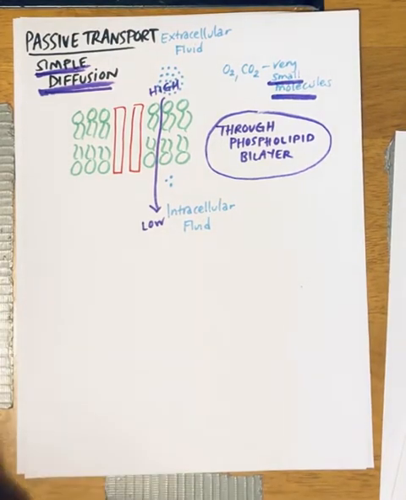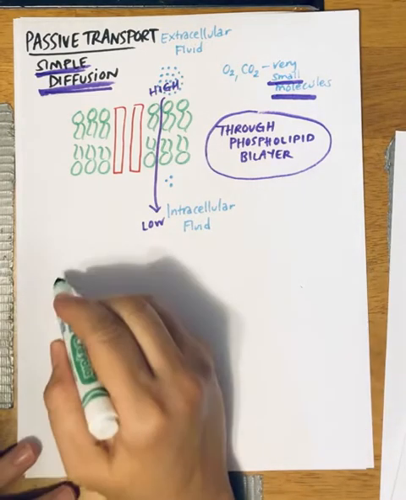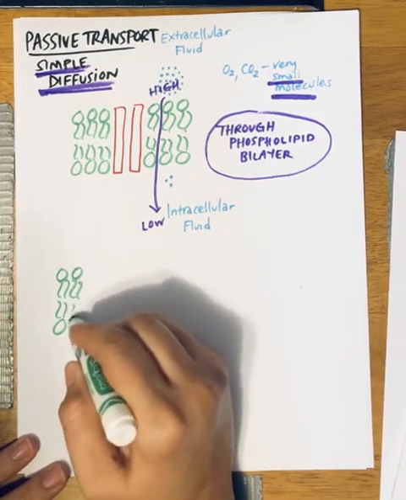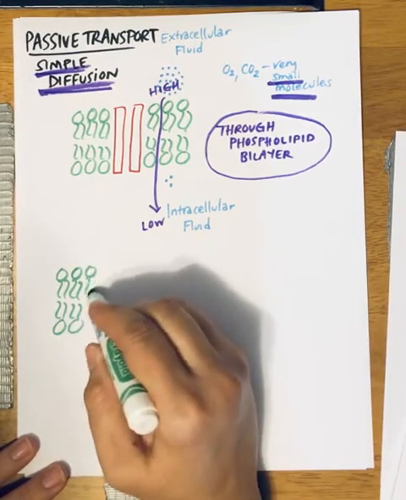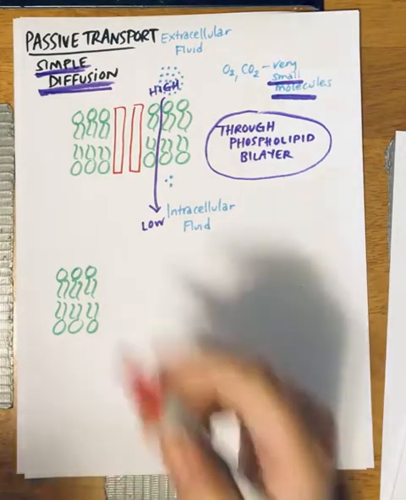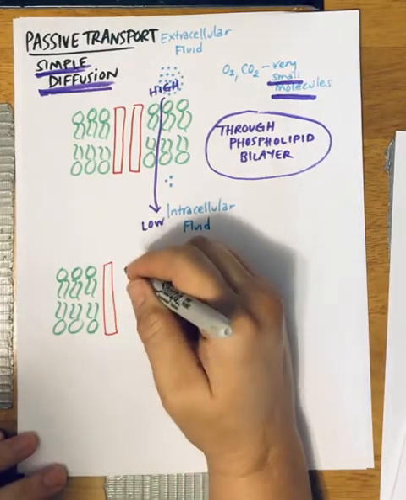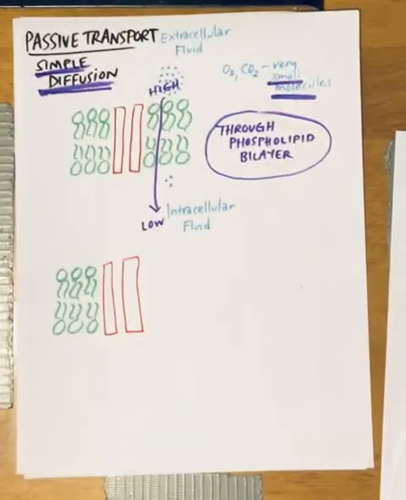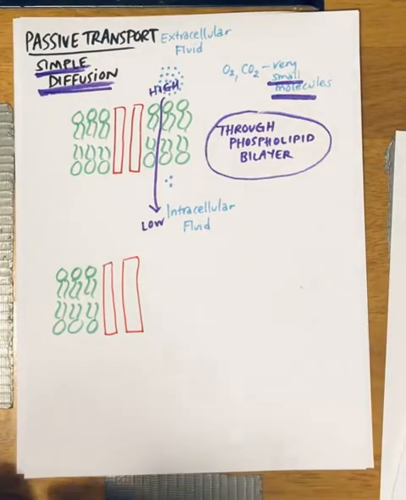Now, when we say facilitated diffusion, I'm trying to draw this very simply to make this a lot easier. If this is a prison, the proteins that we see here are called transport proteins.